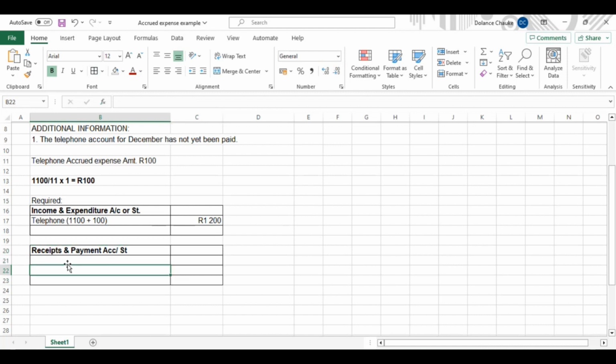But here, since we're going to deal with an expenditure, it means you need to record the amount that you've paid. So the amount that you've paid is going to be telephone. Under payments, you're going to put telephone.